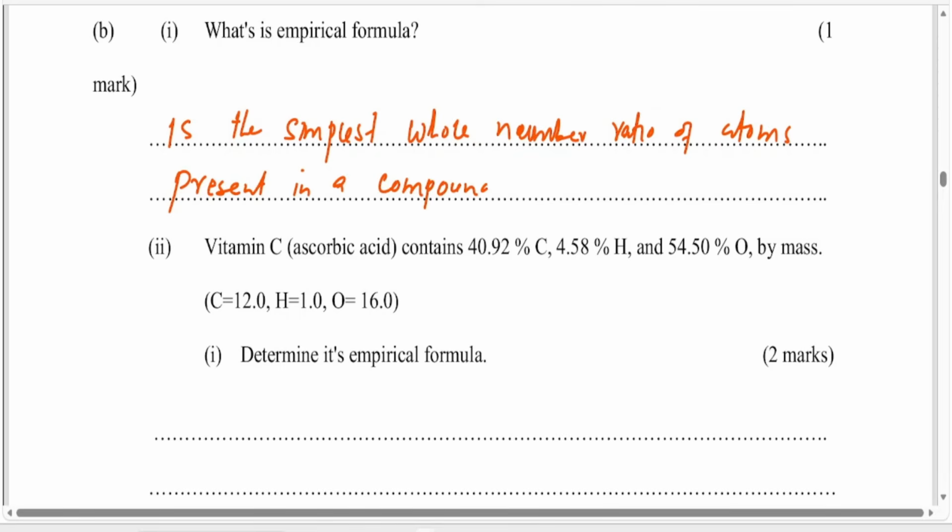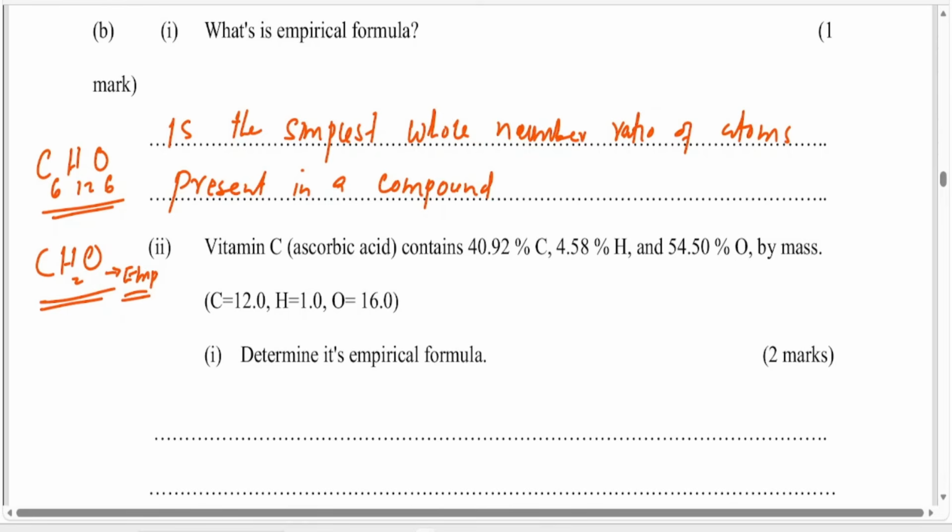For instance, if I have C6H12O6, this can be simplified further to obtain CH2O. So this is what we call the empirical formula, the simplest whole number ratio of atoms present in a compound.